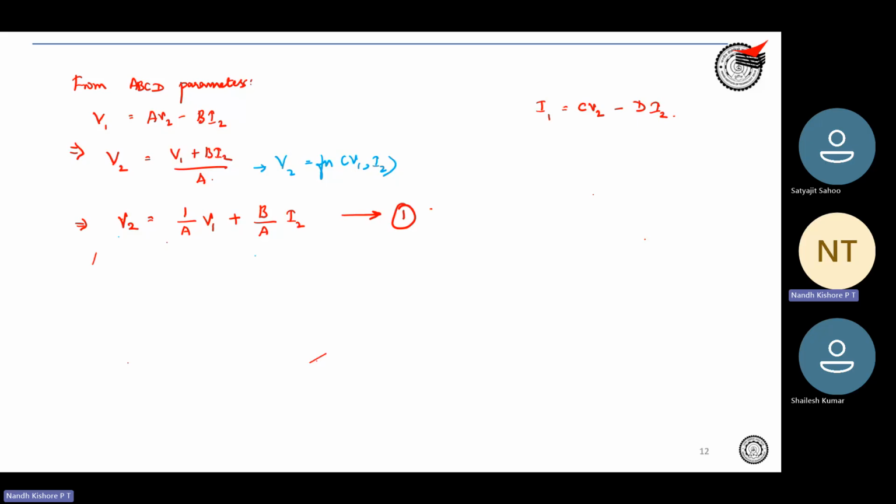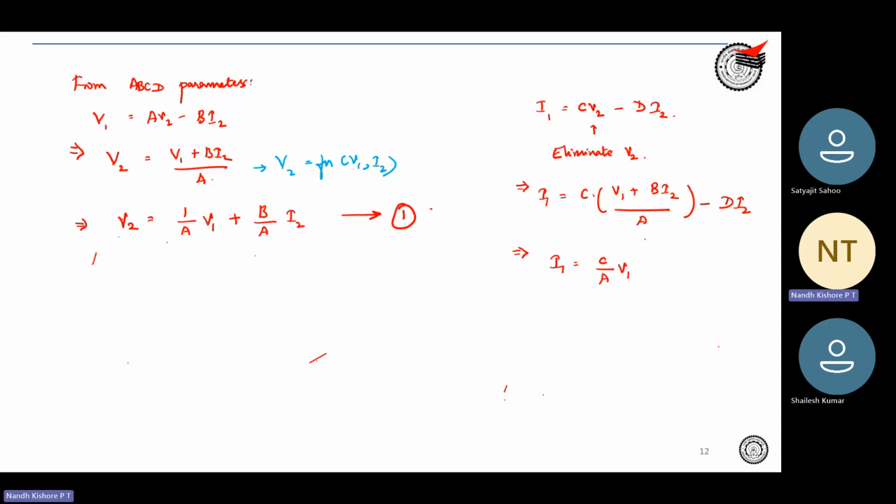The aim is to eliminate V2, right? So your I1 can be written as C into V2, where V2 is V1 plus BI2 by A, minus DI2.